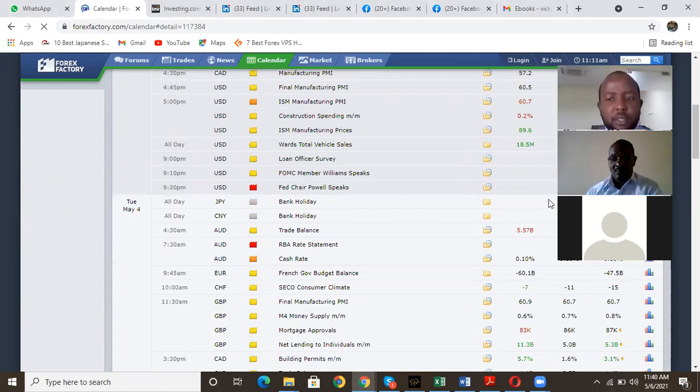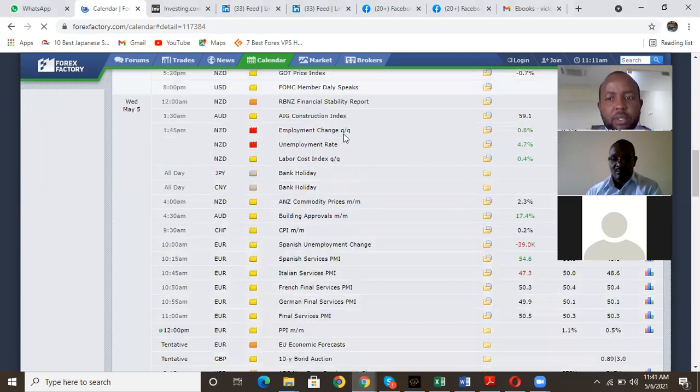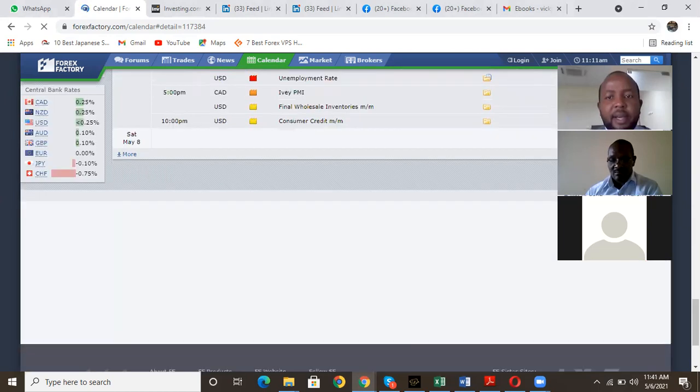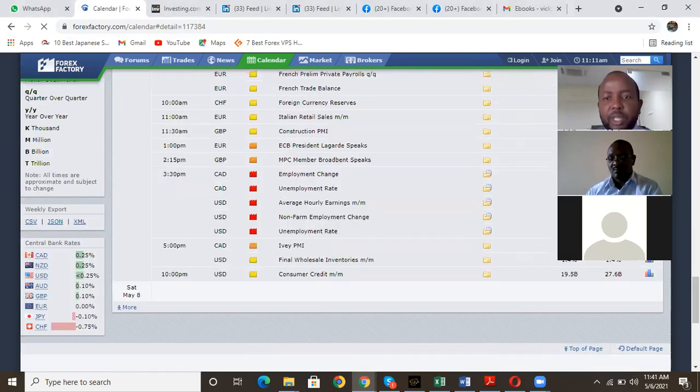This is the RBA statement. There was also this, which is what I wanted to measure on. This was yesterday, and of course you can see the employment change increased. You usually just have to look at it this way. Let me show you how you analyze fundamental analysis.